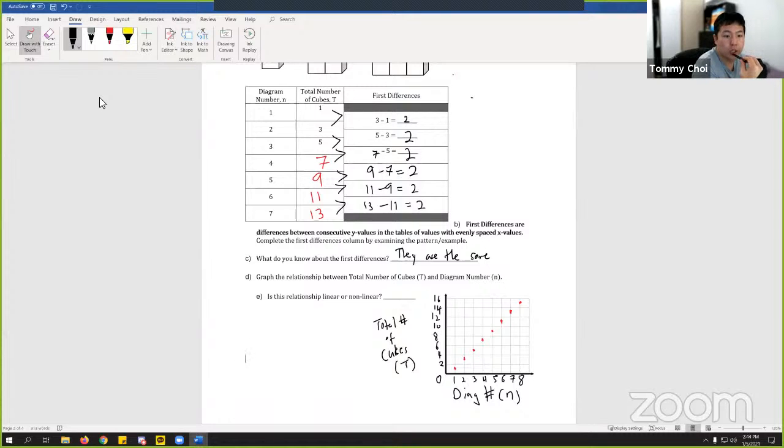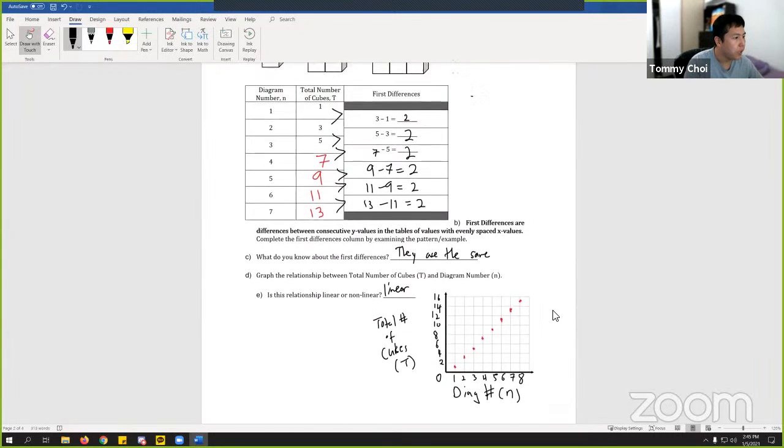Does it look like a straight line or does it not look like a straight line? Linear, very good. It's definitely a straight line, perfectly straight. It doesn't look like a curve. Everything's lined up perfectly. Great. It's a linear line.